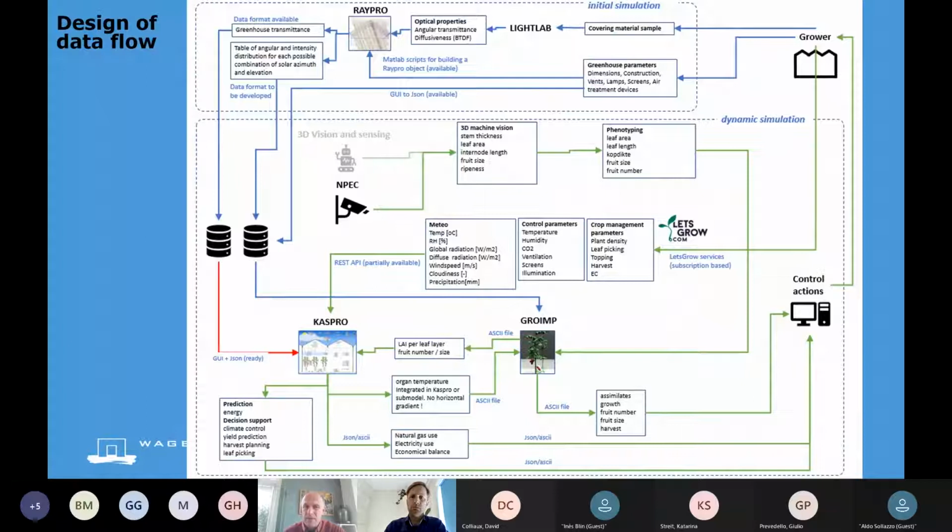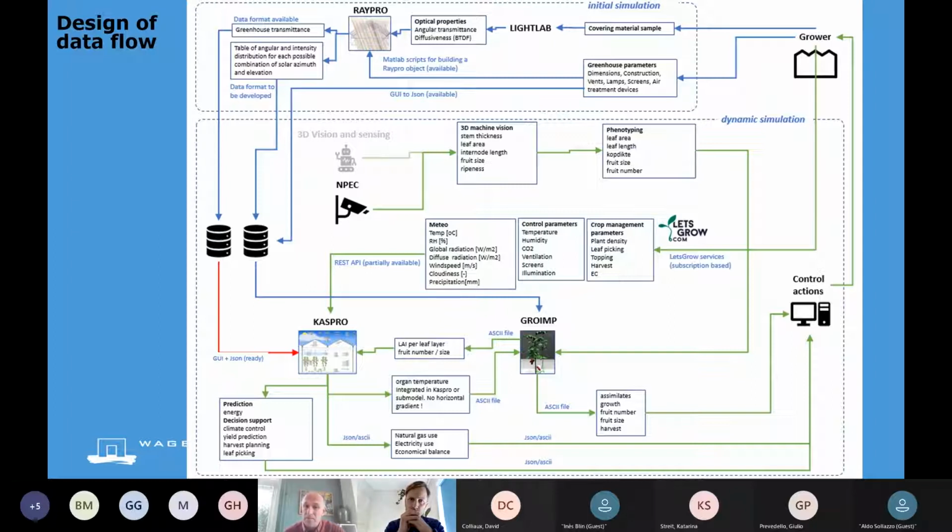And those rays are then intercepted by the plant model that is in the middle a little bit. That is called GrowIMP. GrowIMP is the software platform we use for that. So the plants catch the light and process it for photosynthesis.